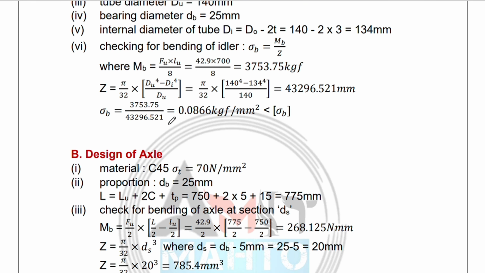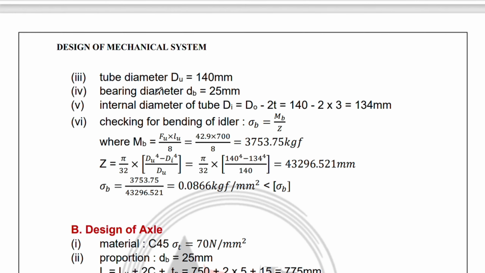Put all the values and substitute, and get the moment at B, which will be 3753.75 kgf. Next we will find Z. Z is equal to pi by 32 into capital Du raised to 4 minus Di raised to 4 upon Du. Du will be the tube diameter, 140, and Di will be the internal diameter, 134. Substitute and get the value of Z, which is 43296.521 mm.